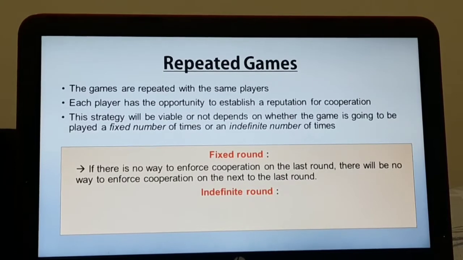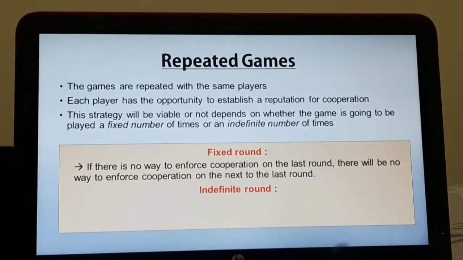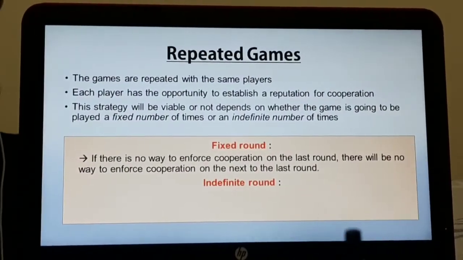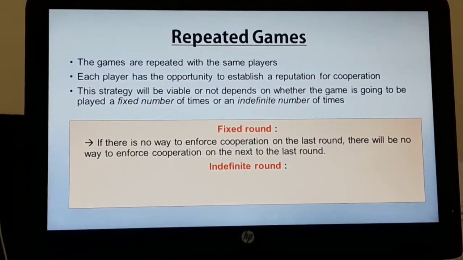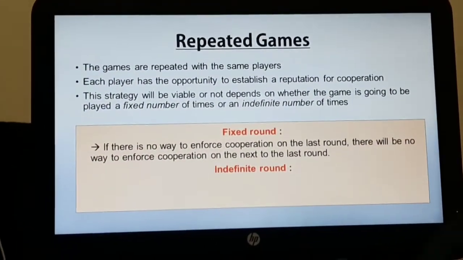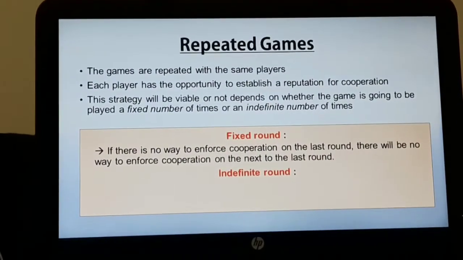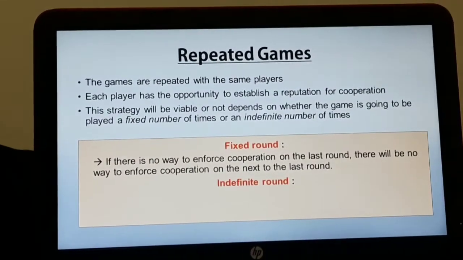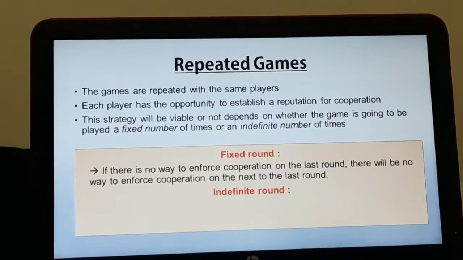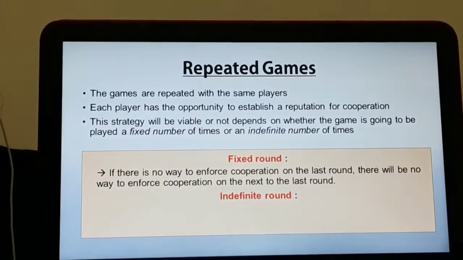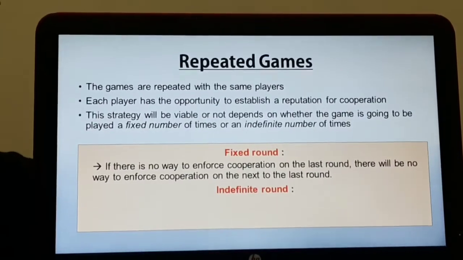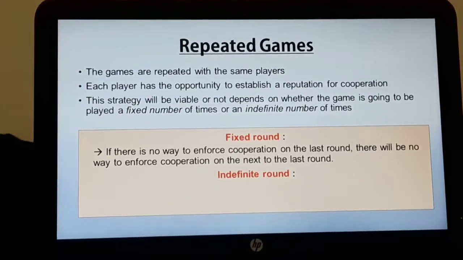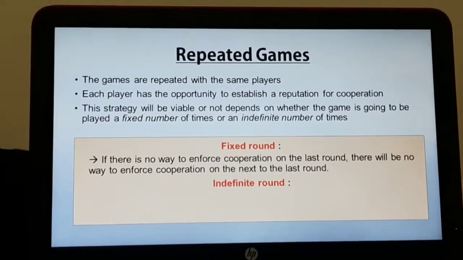It's like when the fixed number is only 10 rounds, and in the ninth round you see that the opponent defects from the agreement between you. So you may conclude that in the next round, your opponent will do the same thing and defect from the deal. That's why we should learn about the previous results: how did the opponent behave?